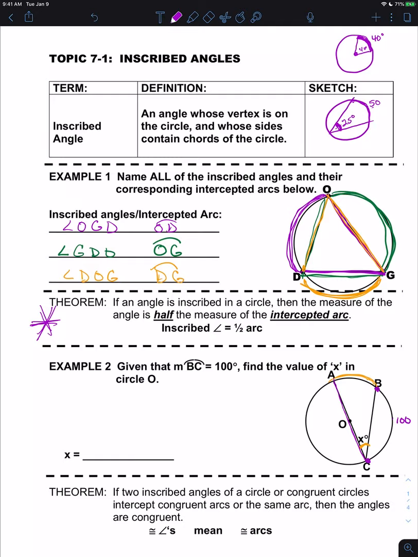If this part is 100, from A to B has to be 80 degrees to get a total of 180 degrees for that half circle. So if A to B is 80 degrees, then this angle X has to be 1/2 of that. 1/2 of 80 is 40 degrees, so angle X is 40 degrees.